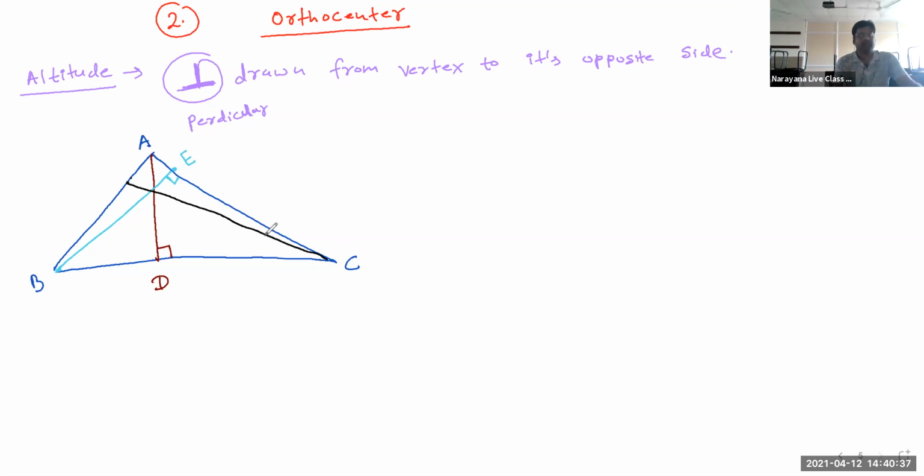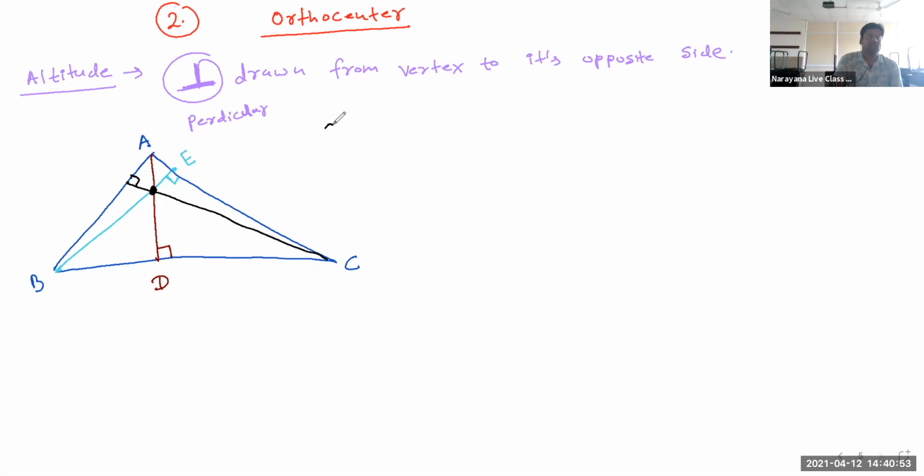Okay, I think this is correct. This is also an altitude from vertex C. So a triangle will always have 3 altitudes, and all 3 altitudes are concurrent.